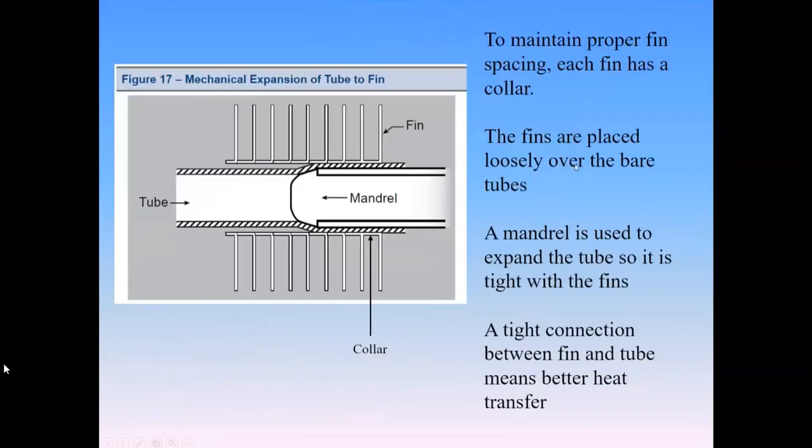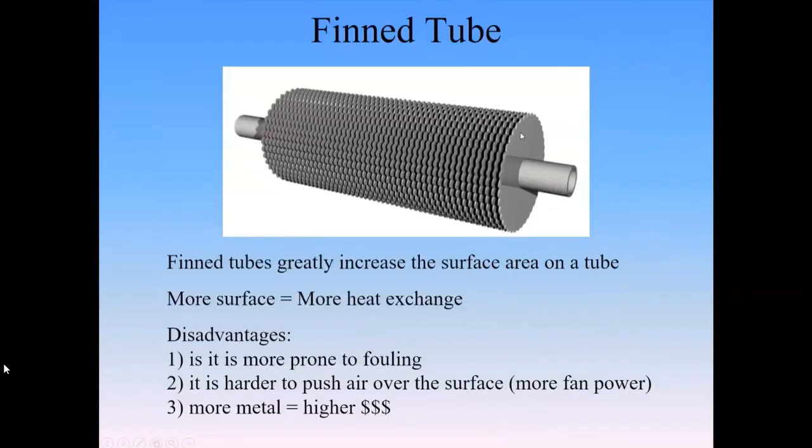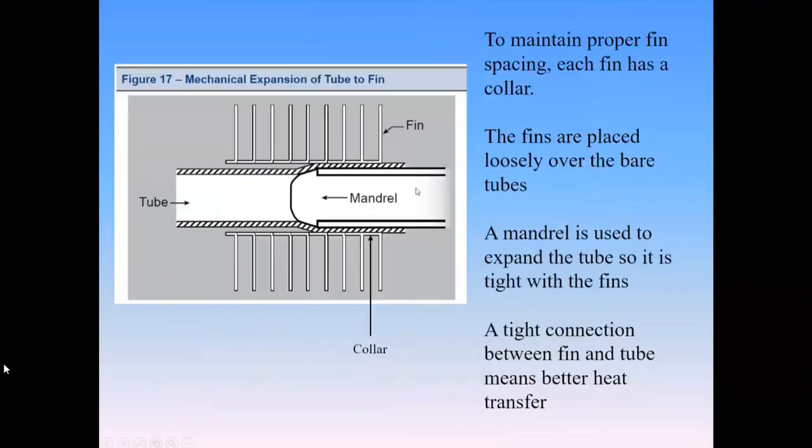Here's how we may go about making a fin tube. So we have a tube, and then we have a bunch of fins, and these might be made out of aluminum or some sort of metal. And they're going to be round. If we look at this profile, they're round, and then they have a little leg that sticks out like this.